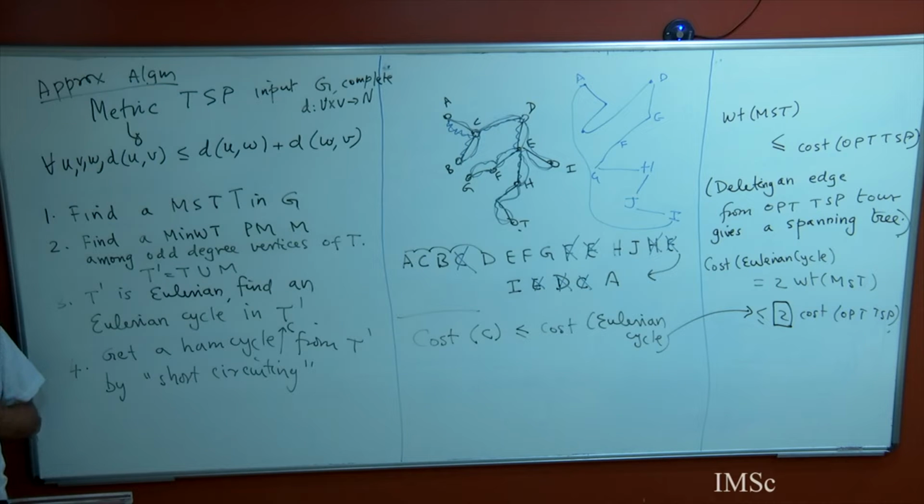Theorem 1 in graph theory: in any graph, the number of odd degree vertices is even.